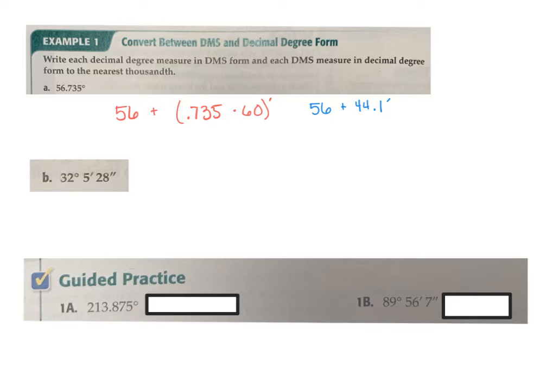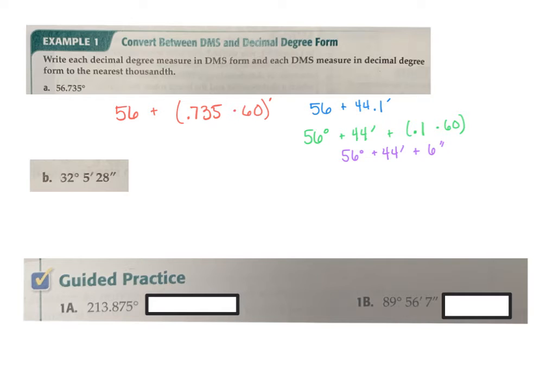So we're going to take that 56 degrees and that 44 minutes, and add to it the 0.1 and convert it to seconds. How many seconds are in a minute? 60. And when we do that, we will get 56 degrees plus the 44 minutes plus the 6 seconds.